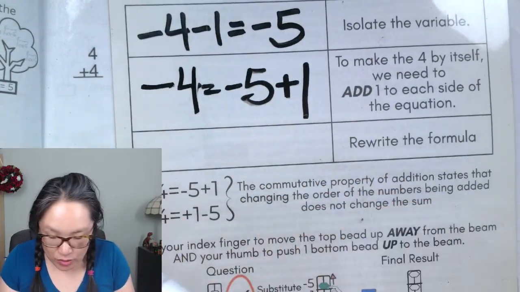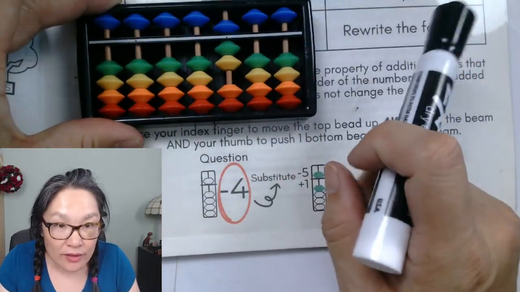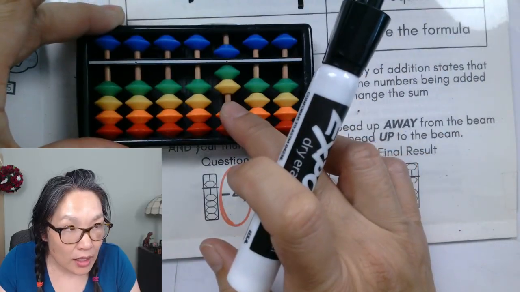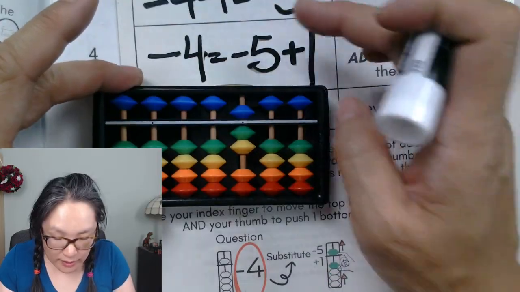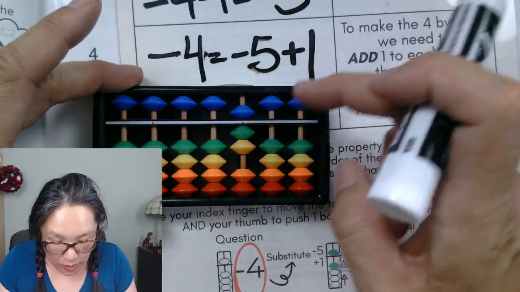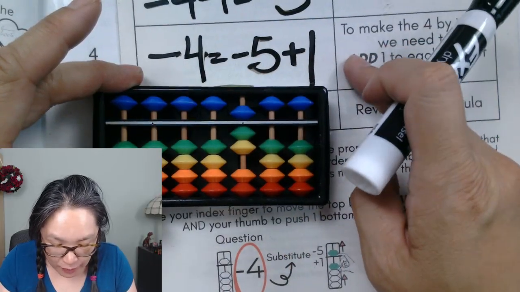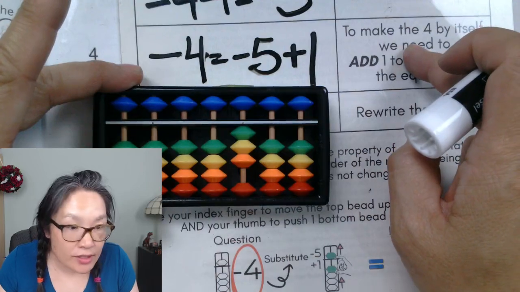Now we can use it. So if I had 7, here's my 7, and I want to take away 4, this is my directions. Minus the 4 plus the 1. So minus the 5 plus the 1. Minus the 5. So my final answer is 3.